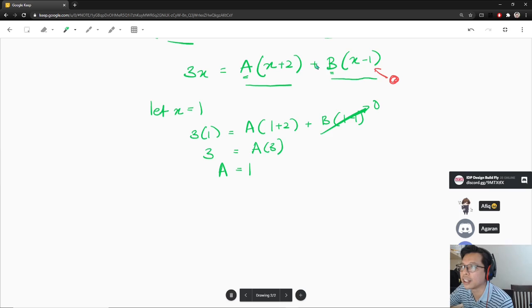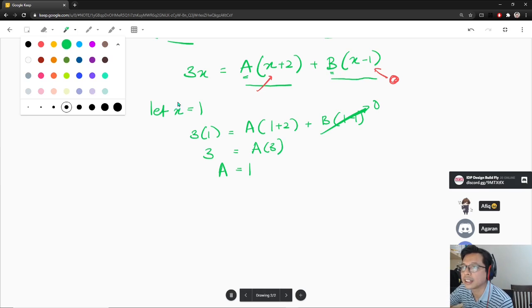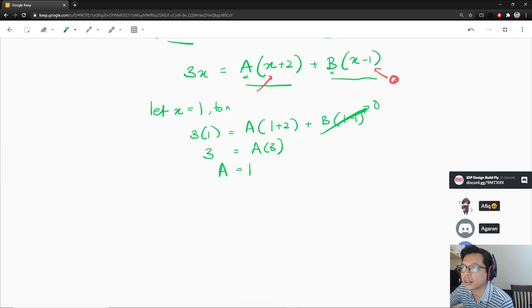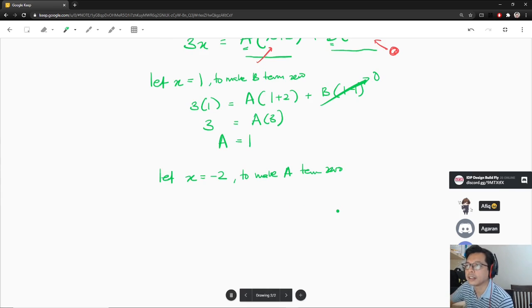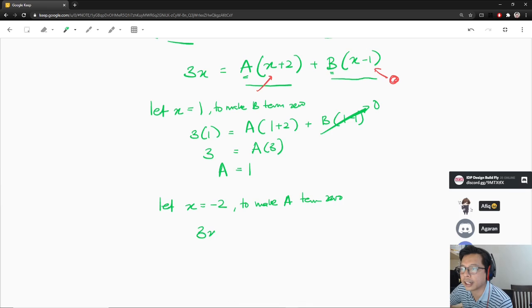So let's use the same method. We need to get this thing out to calculate this. So let's make it 0. Let x equal to the value that makes the b term 0, and the second step is let x equal to minus 2 to make the a term 0. So again, let's rewrite that: 3x equal to a(x plus 2) plus b(x minus 1).